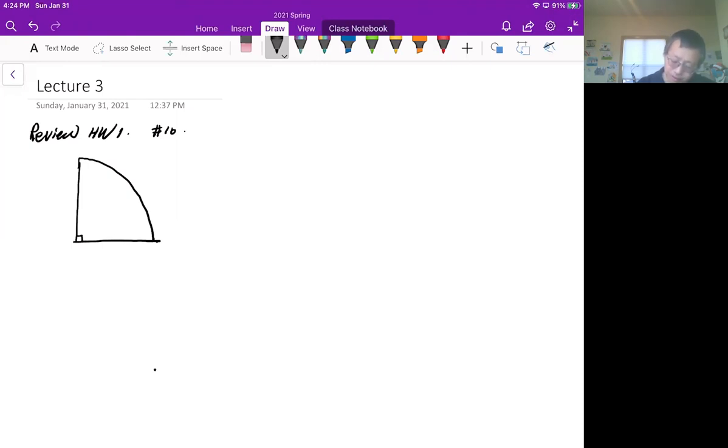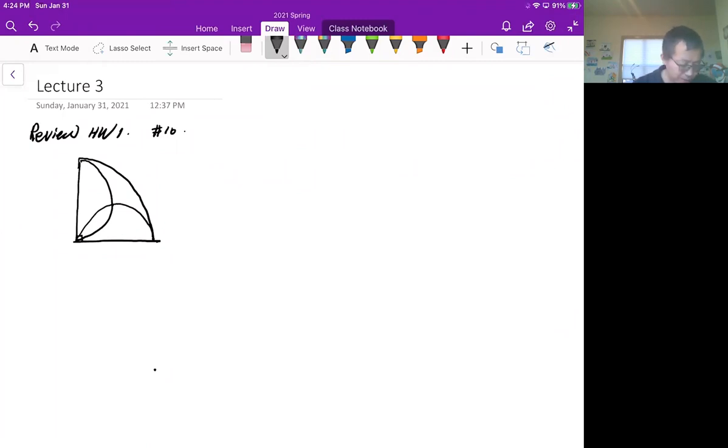Suppose the base here is your diameter. So I'm going to get something like that. This is a semicircle, and I can get another semicircle like this, like that, right?